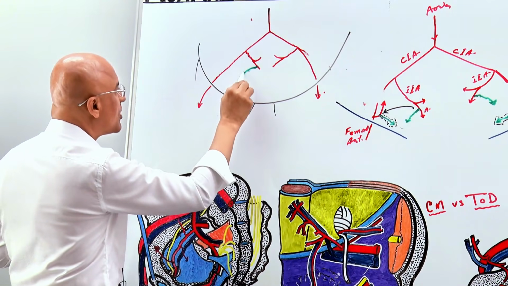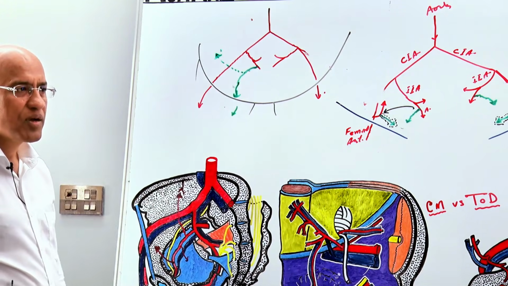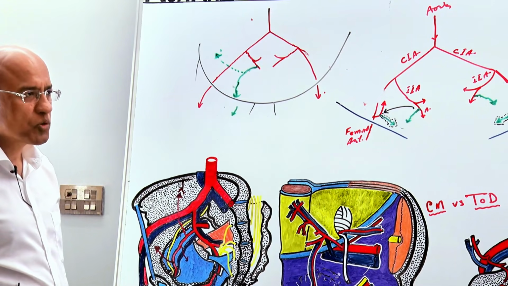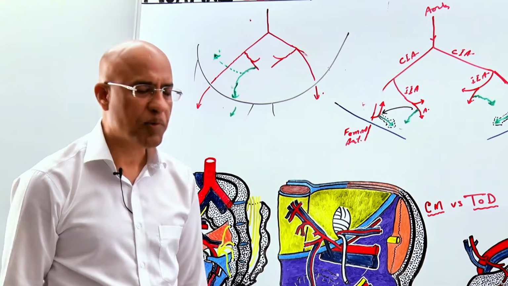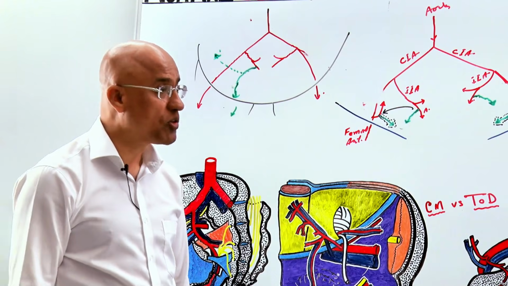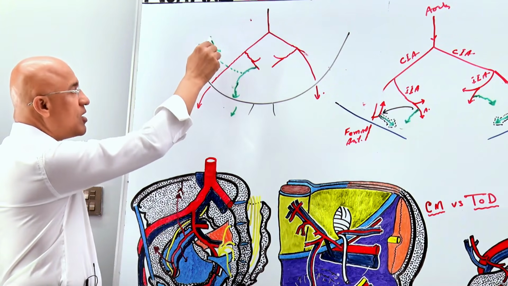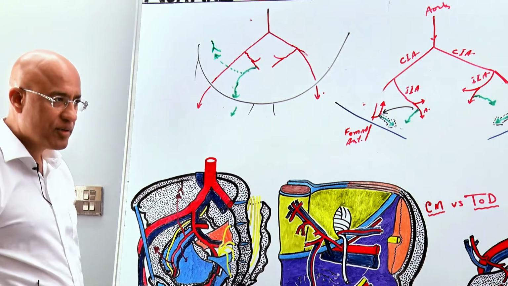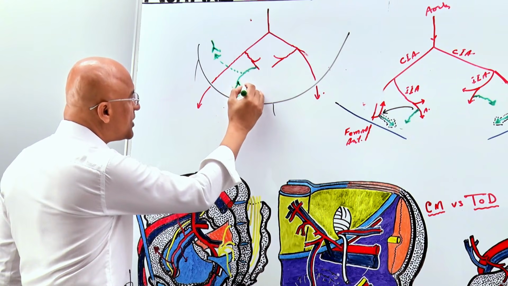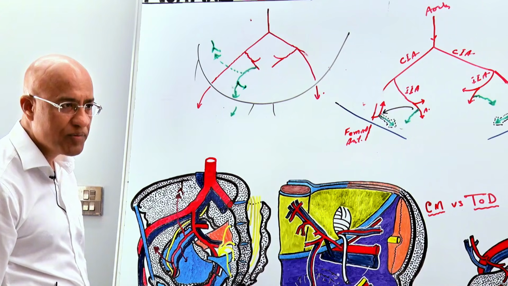Number one, it gives the iliac branch, which goes to the iliac fossa, supplies the iliac fossa bone, and also supplies the iliacus muscle and meets with the iliolumbar artery. Then it has one branch going medially and inferiorly to the urinary bladder, so the vesical branch.